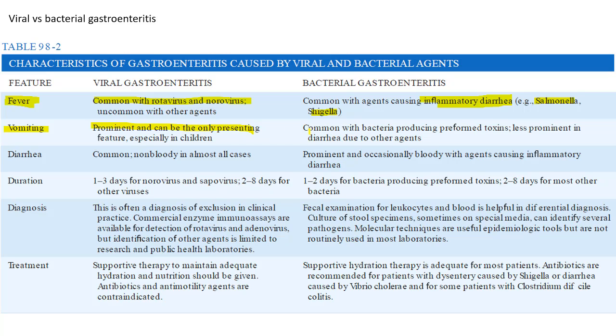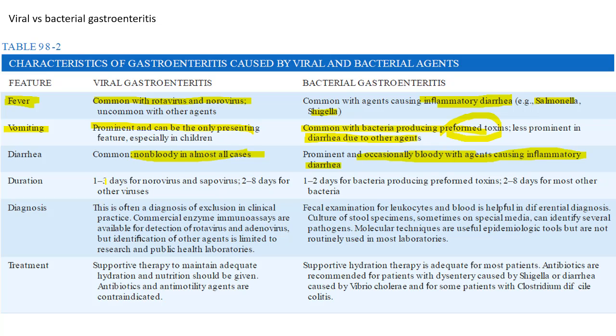In the case of bacterial gastroenteritis, if preformed toxins are present, then we will have vomiting, but otherwise it is most probably diarrhea that we are going to face. Here the diarrhea is non-bloody and common, while it is occasionally bloody with some agents, for example Shigella and Campylobacter jejuni, which can cause bloody diarrhea.